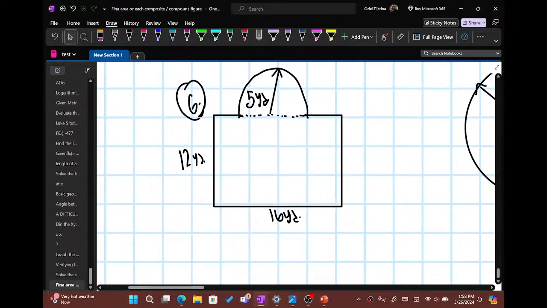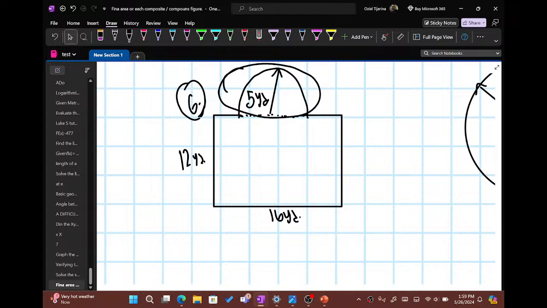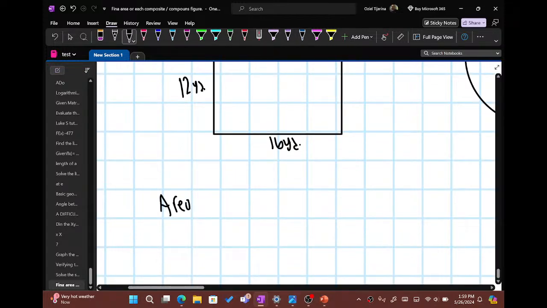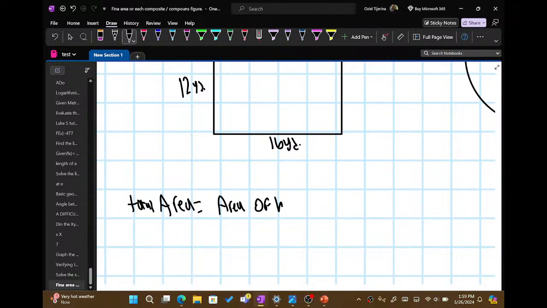And so we know that it's this area plus the area of the rectangle. So total area is equal to area of half circle plus area of rectangle.